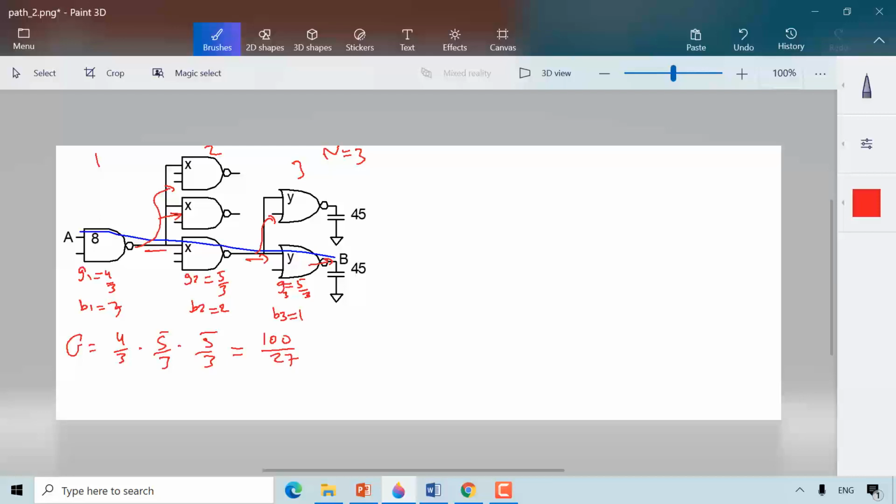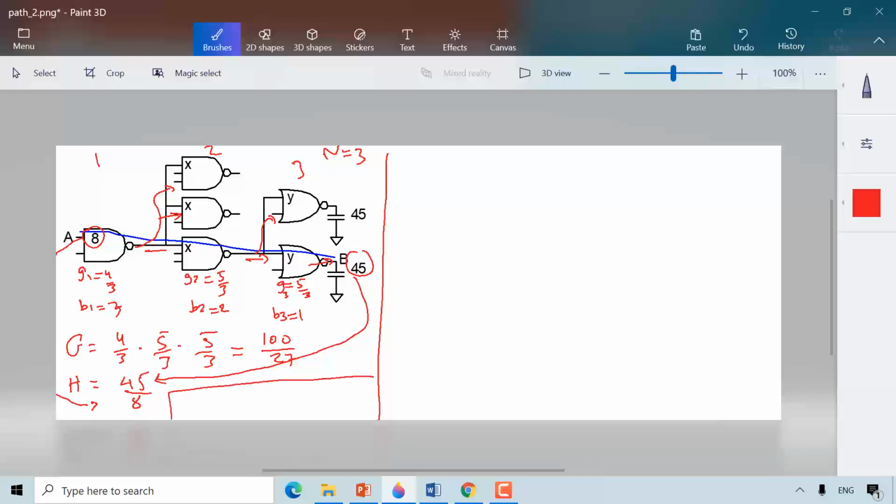Now for the H, it is equal to 45 divided by 8. For the branching of the path, B equals, for this gate 3 times, for this gate 2 times, for this gate 1, and this equals 6.